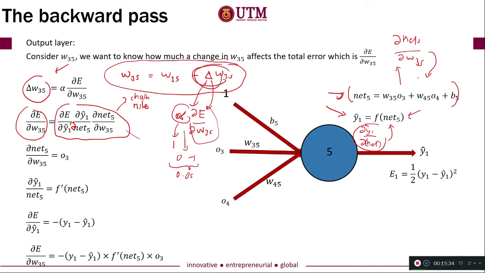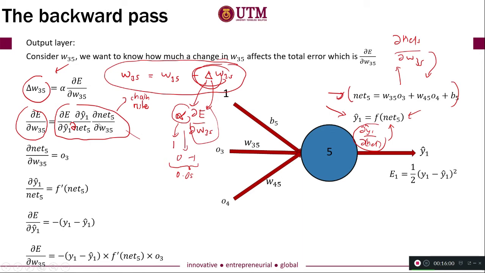So in order to find del E over del W35, you can express it with the chain rule, where you have three components: del E over del y1 hat, del y1 hat over del net 5, multiplied with del net 5 over del W35. Then you need to find them one by one.